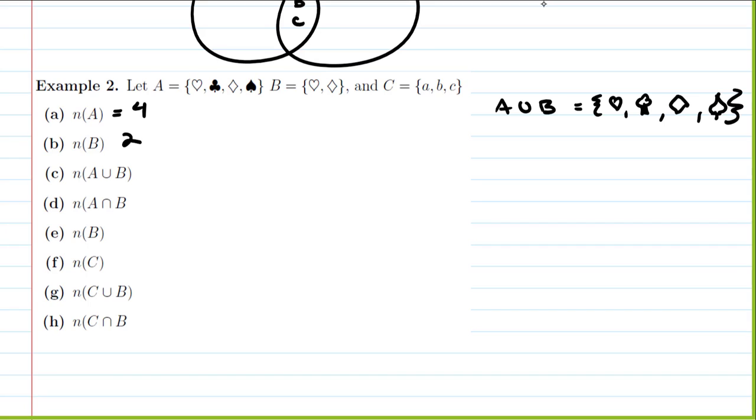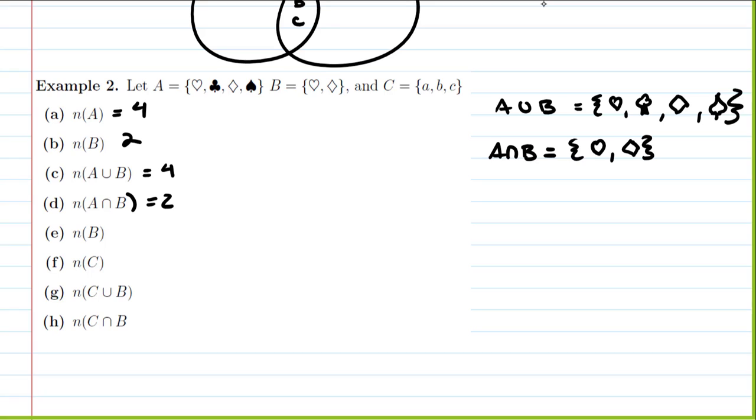Which happens to also be the set A. So how many things are in A union B? 4. How many things are in A intersect B? Well, A intersect B is going to be heart and diamond. Good. So we get 2.